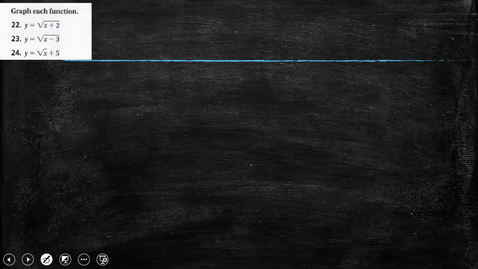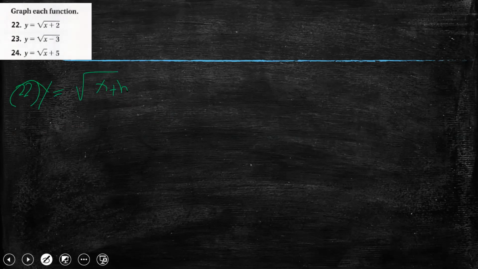Now here, we want to graph the function. In number 22, we have the square root of x plus 2. What does it mean? The graph will be at the left, 2 points. Here we say that in number 22 we have y as the square root of x plus h.